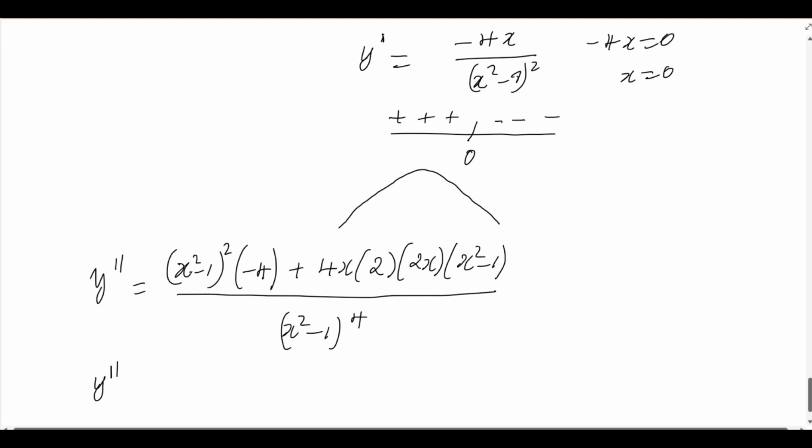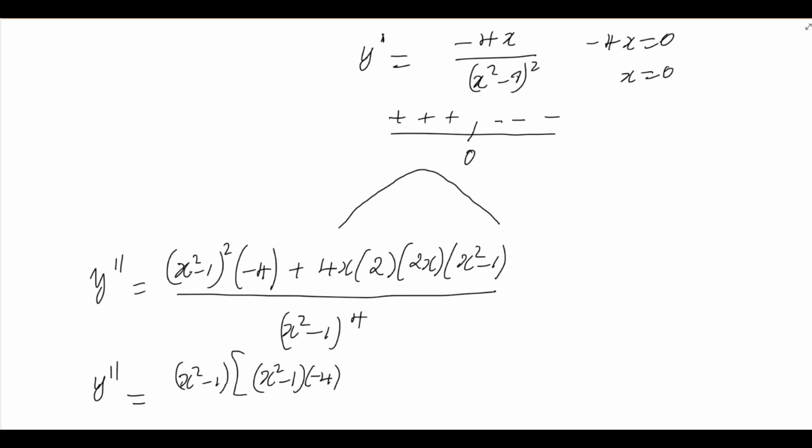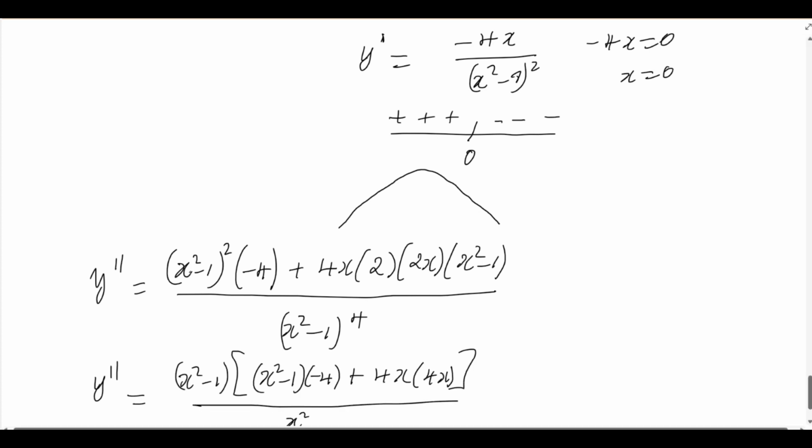So y double prime will be, to simplify this is going to be a lot. What we can do is we take x squared minus 1 and factor it out. We'll be left with x squared minus 1 here and -4 here, plus 4x multiplied by 4x. So this will be divided by (x squared minus 1) to the power 4.